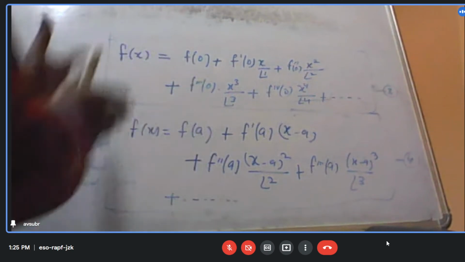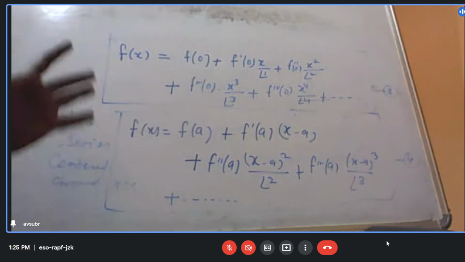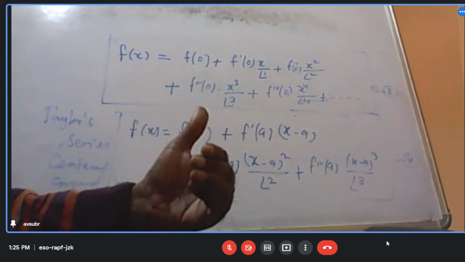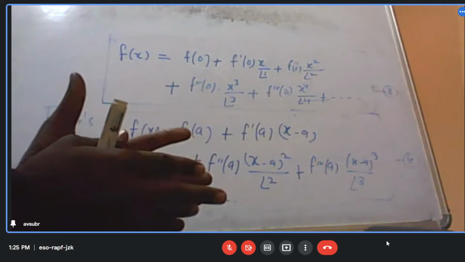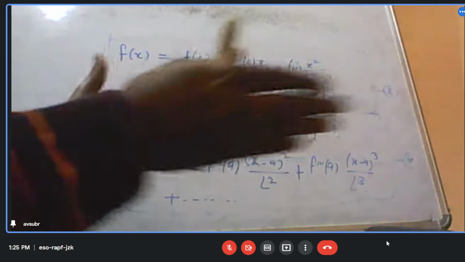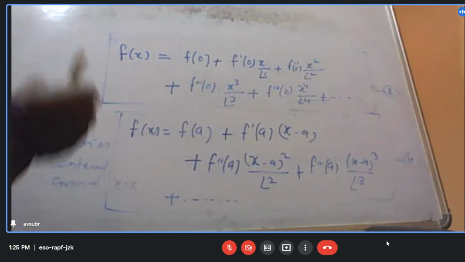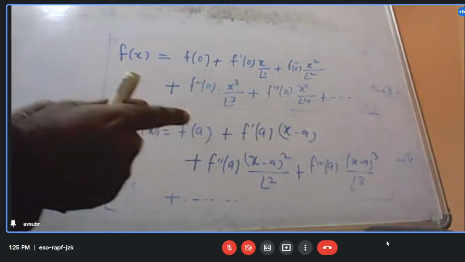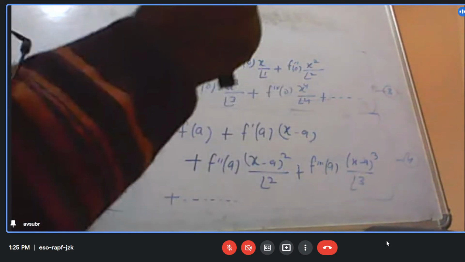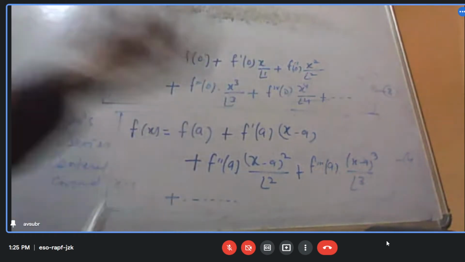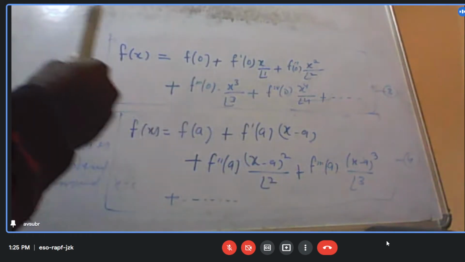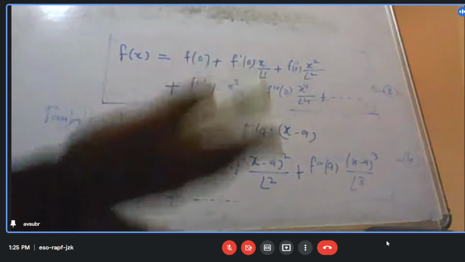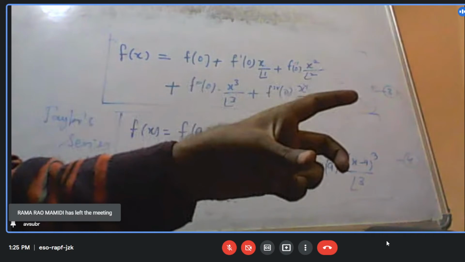If this is going to give me a power series, which is converging within some interval. Converging means it gives you some finite value. For example, if I take cos x, I can expand it in a power series: 1 minus x square by factorial 2 plus, and so on. Isn't it a power series?